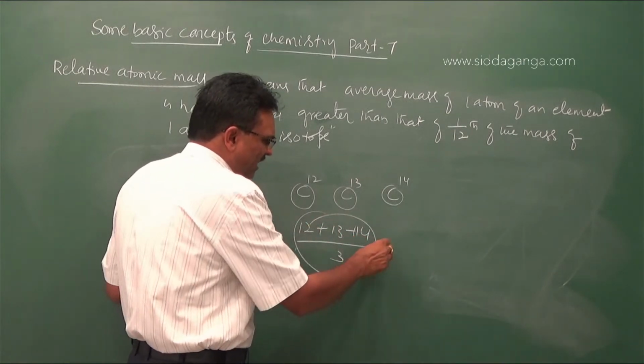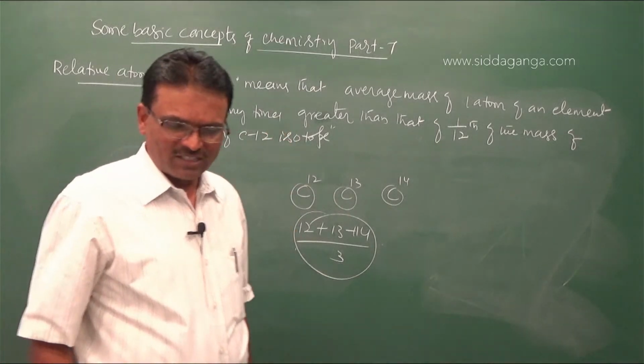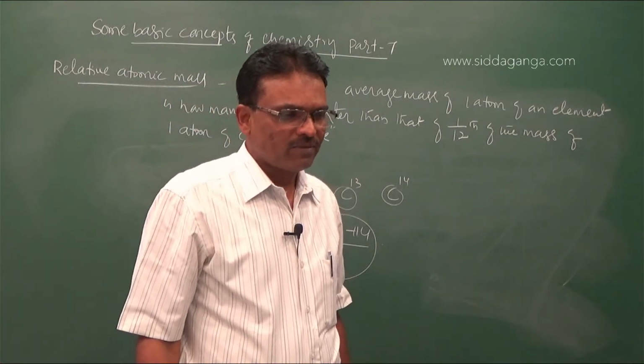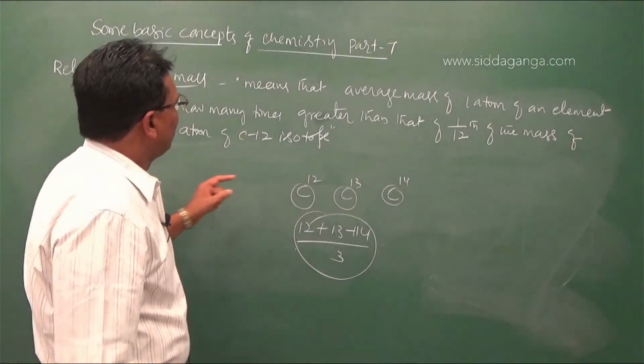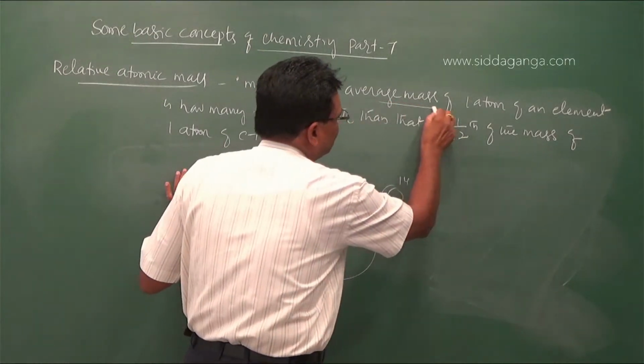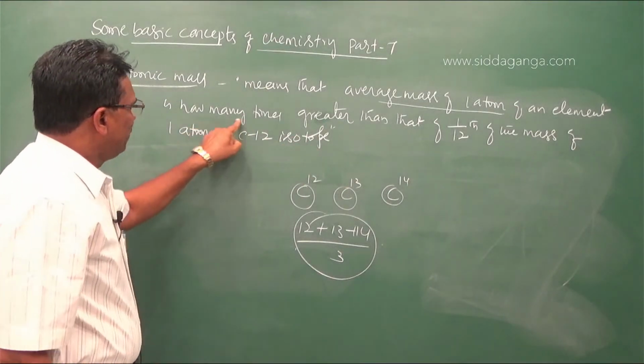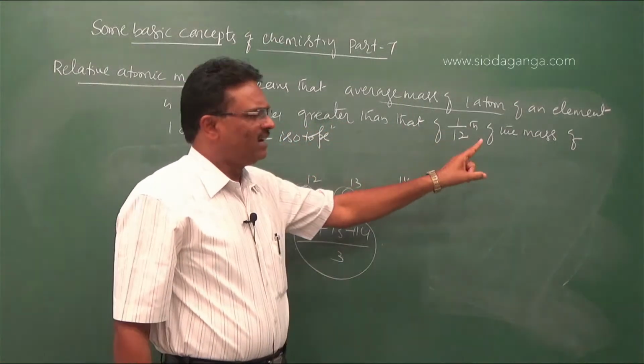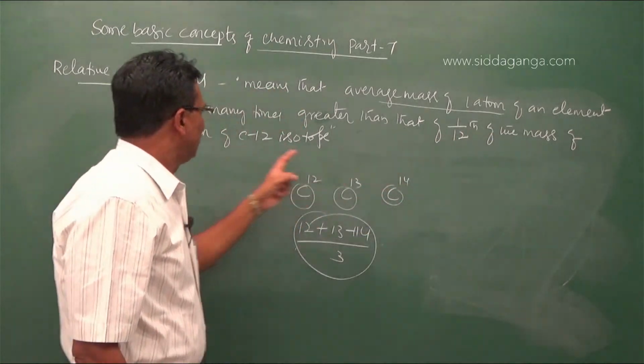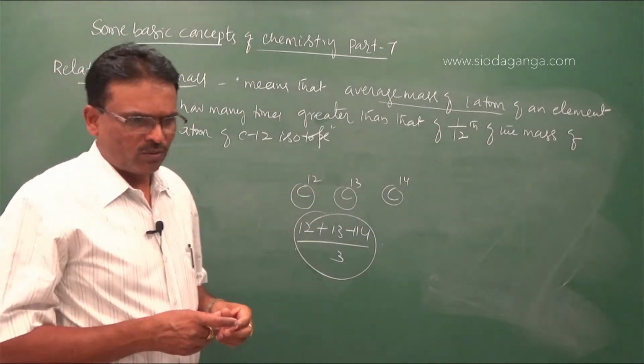So that gives the average mass. Clear? Then the average mass of one atom of an element is how many times greater than that of 1/12 of the mass of one atom of the carbon 12 isotope.